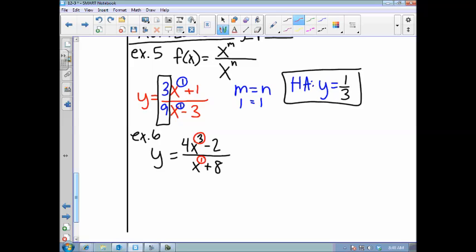Okay, so in this case, is Mexico's power greater or smaller than Nicaragua's? Greater. So when m is greater than n, there is no horizontal asymptote. The horizontal asymptote, or the HA, is none.